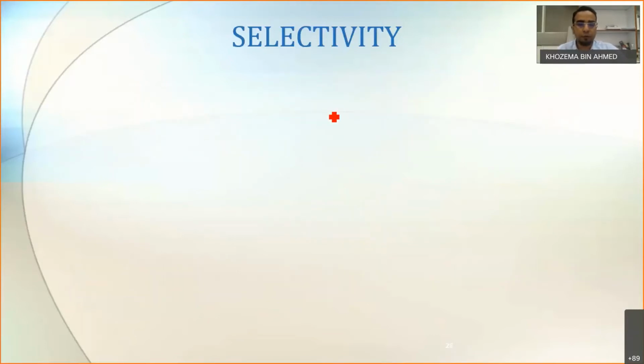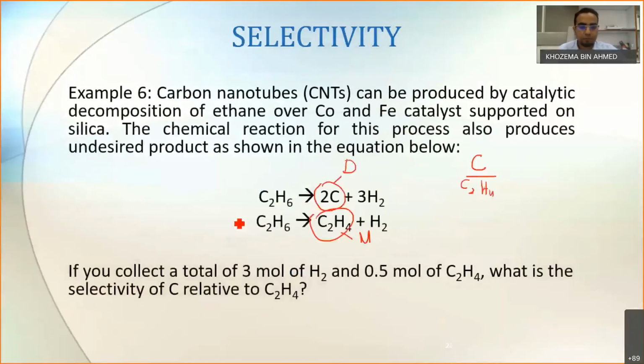If you look at the equation, it says that you have a total of 3 mole of hydrogen. Hydrogen is produced in this part and hydrogen is produced in this part as well. So the total mole of hydrogen will be this mole plus this mole.